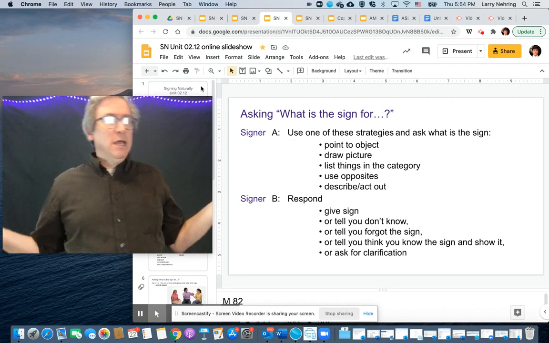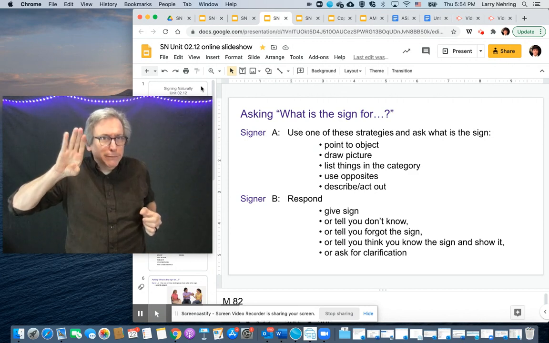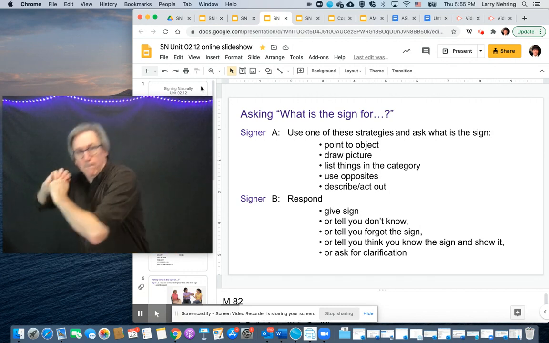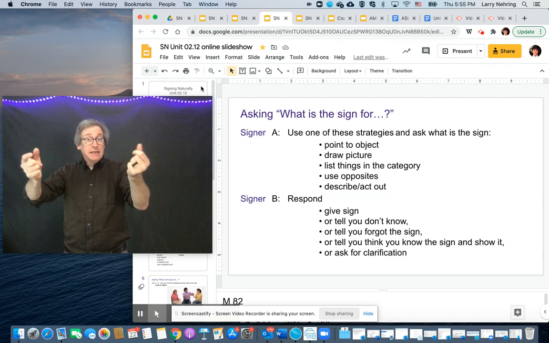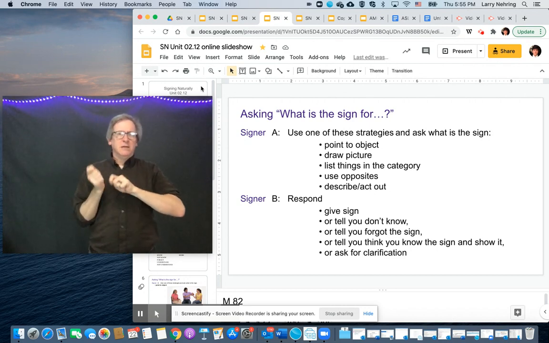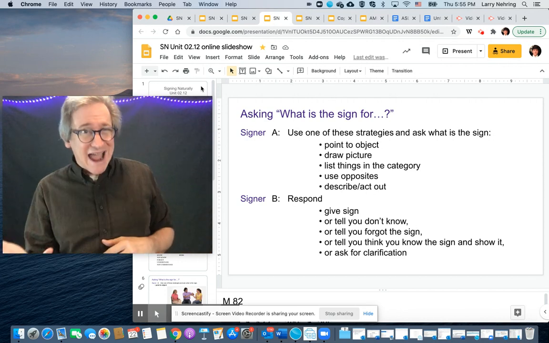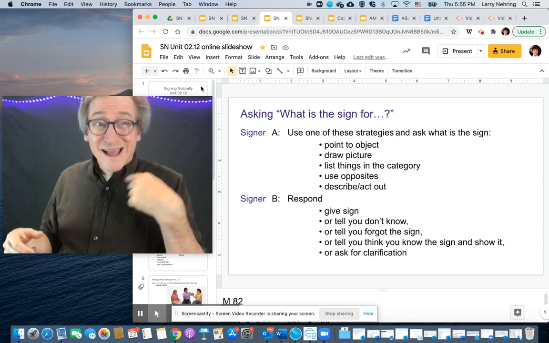If you don't know what the sign for baseball is, you could ask, baseball, what's the sign? Or you could act it out, and immediately everyone's going, baseball, baseball. Generally speaking, acting it out is going to be really close to the sign, so I would suggest starting from there.